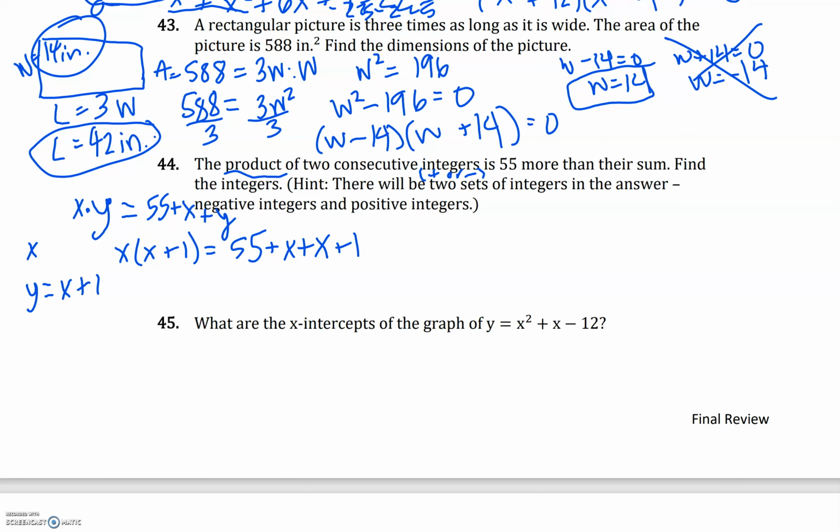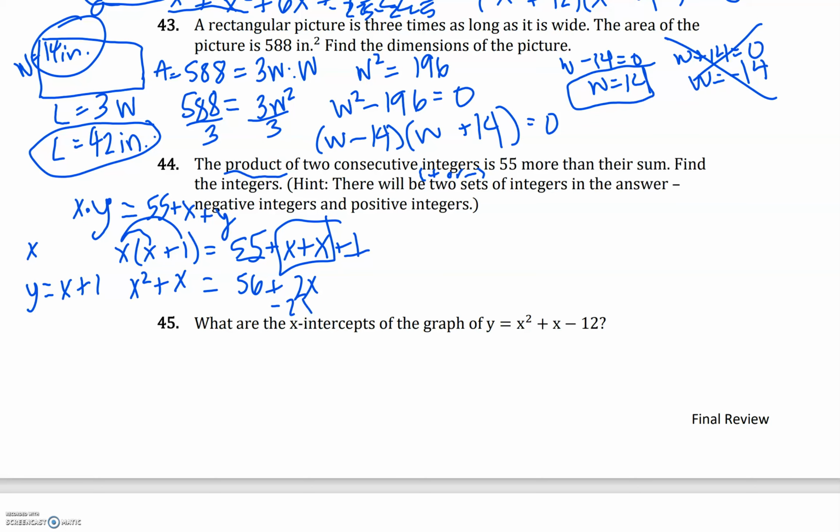On the left, we distribute the x. x times x is x squared plus x equals 55 plus, we can combine like terms over here, plus 1 is 56. x plus x is 2x. And we have, again, x squared, which means this is a quadratic equation. So we're going to move everything from one side to the other side, so we have a 0 on one side.